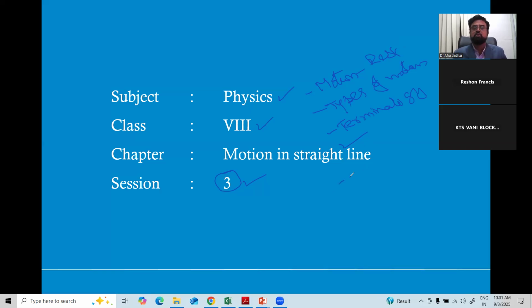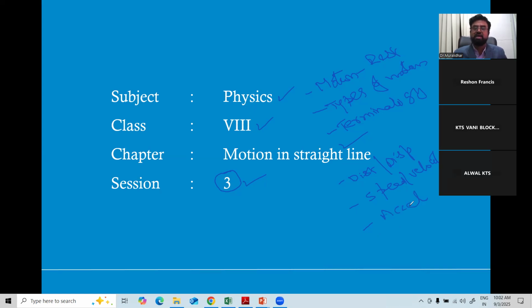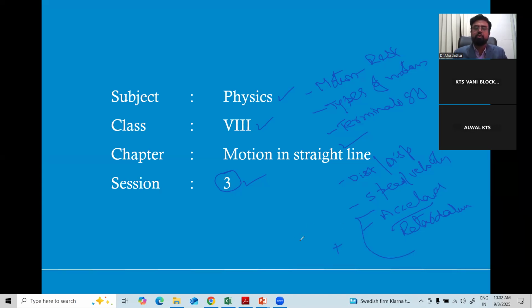In that discussion, we covered distance and displacement, speed and velocity. These 2 topics we covered in the last session. Today we will discuss what is acceleration and retardation, followed by equations of motion, meaning the relationship among all these quantities.